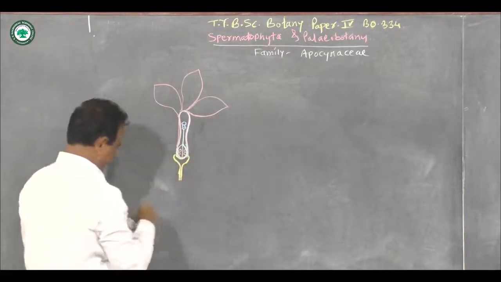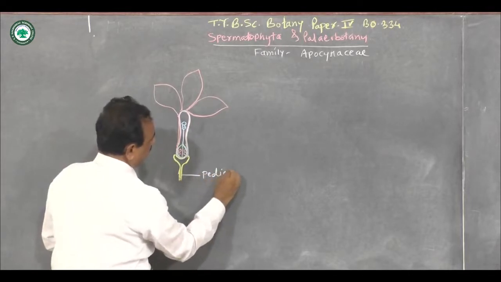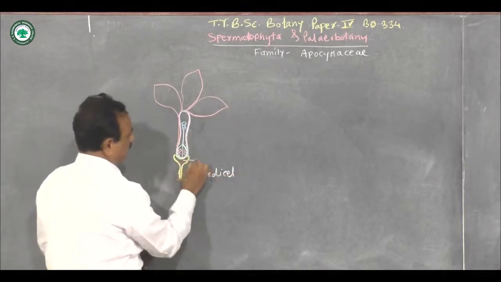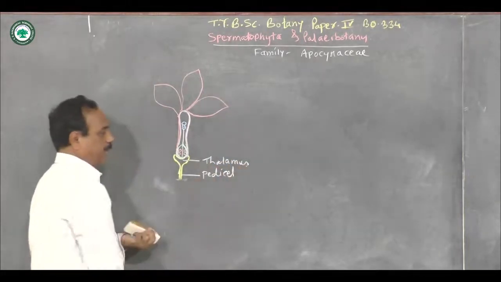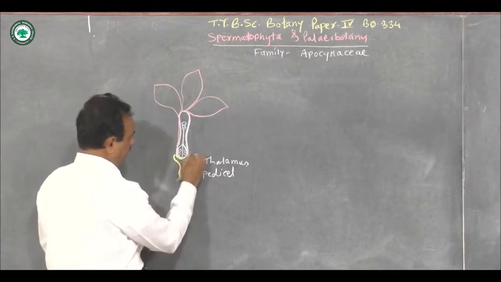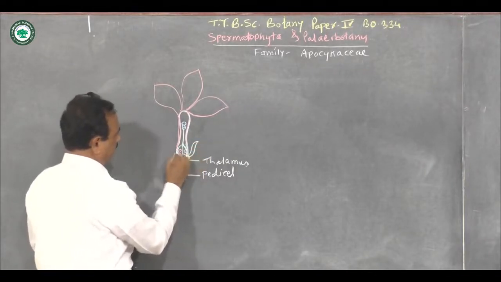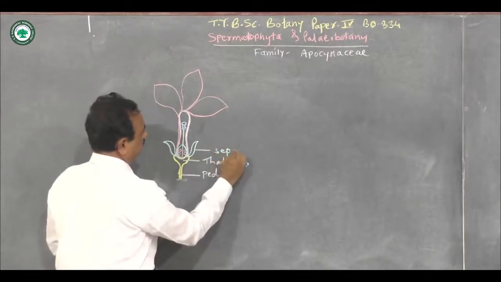So here, this is the pedicel of flower. This is the thalamus. Here, above the thalamus, there is a presence of the sepals. So this is the sepal.